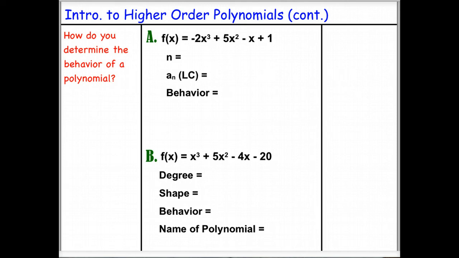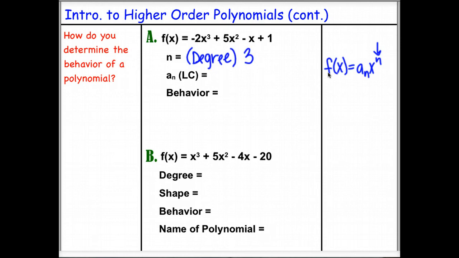Now if you remember from the leading coefficient test, we had that f of x equals a sub n times x to the n. And what we're talking about when we say n is this, and that would be your degree, which in our case is 3.